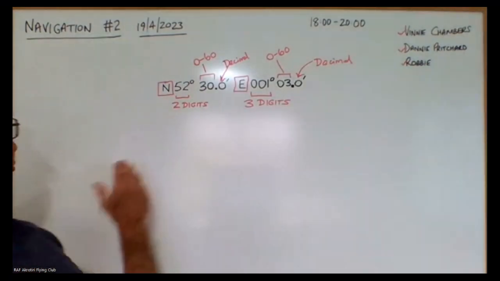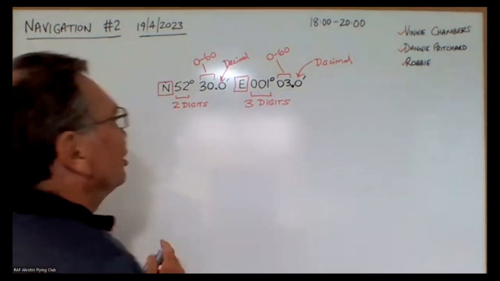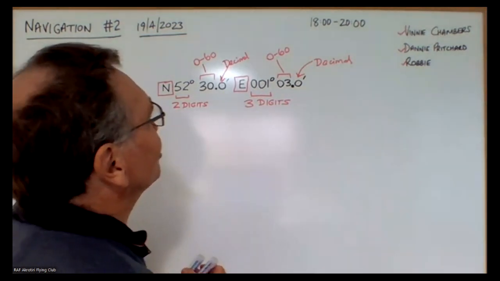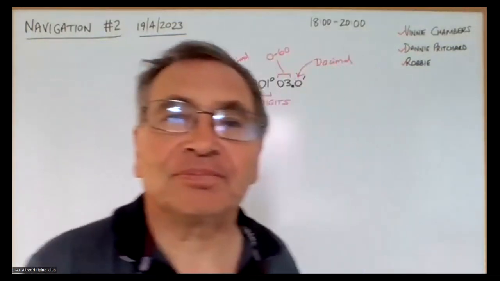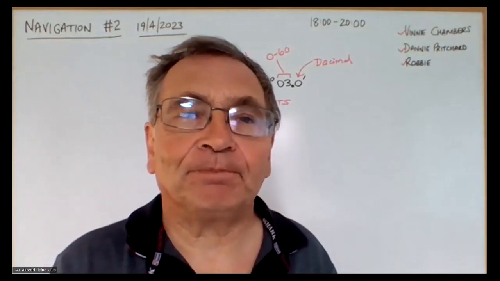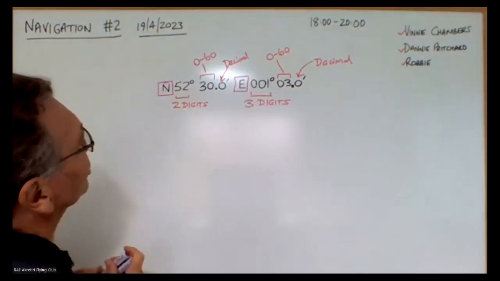So I would read this position back as North 52 degrees 30.0, East 001 03.0. That's how we'd read that back to air traffic control.